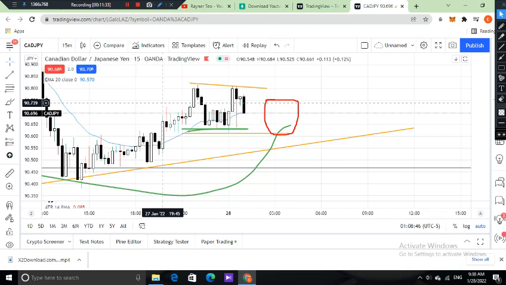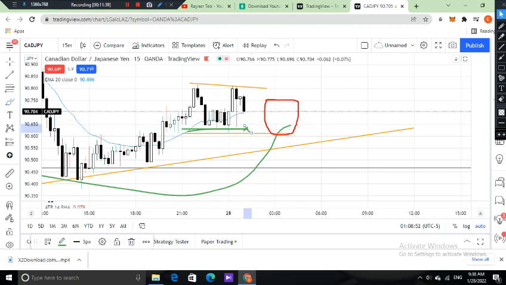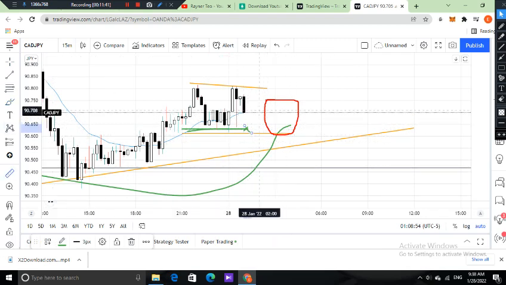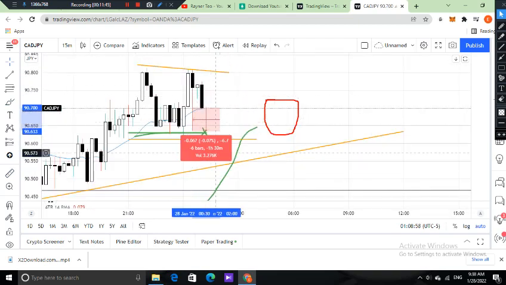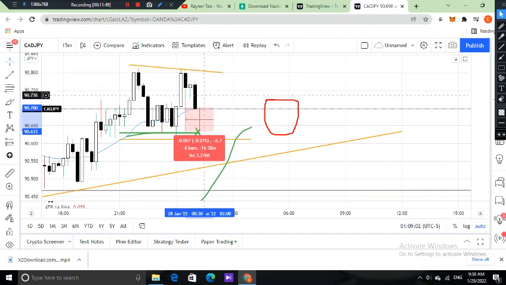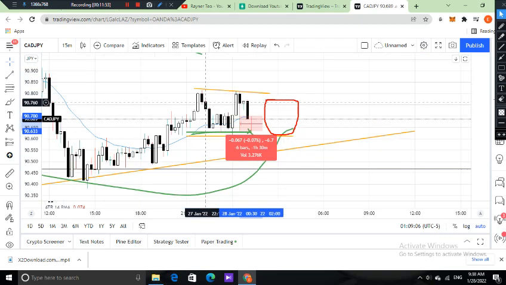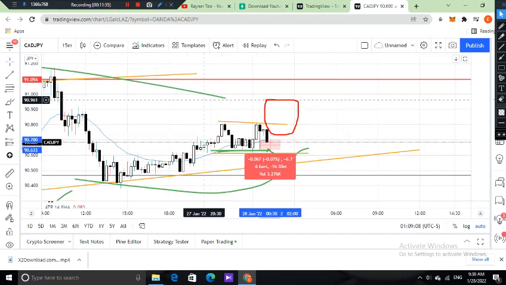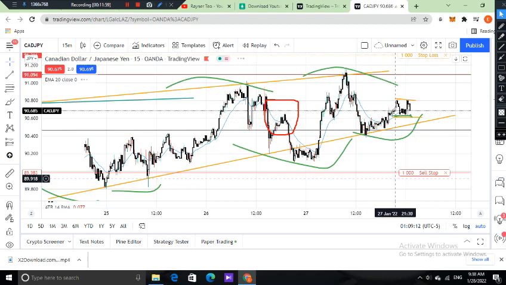So first of all, it can reach this level. We can trade it right now. It's a good scalp. Myself, I prefer these patterns. I like it when you see a double top or double bottom forming. I usually jump into the position and it's a good one.